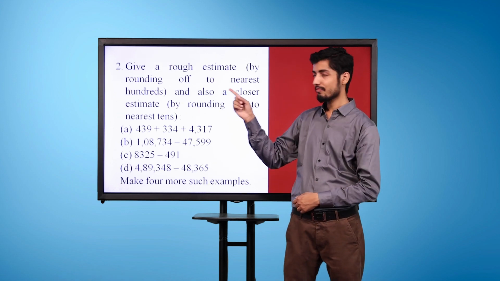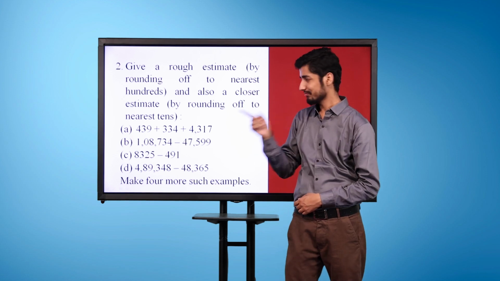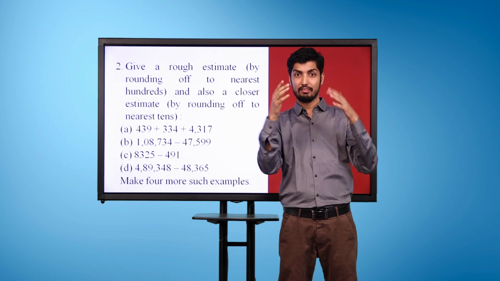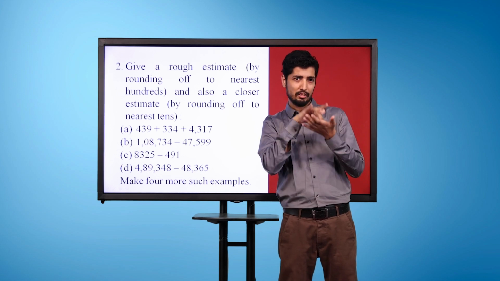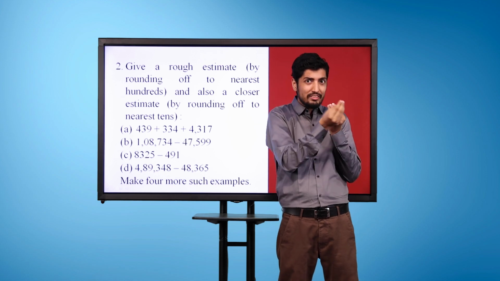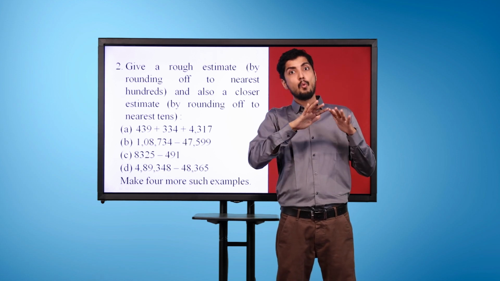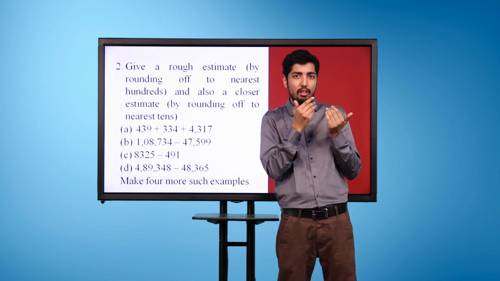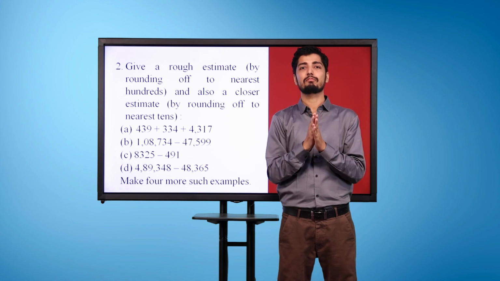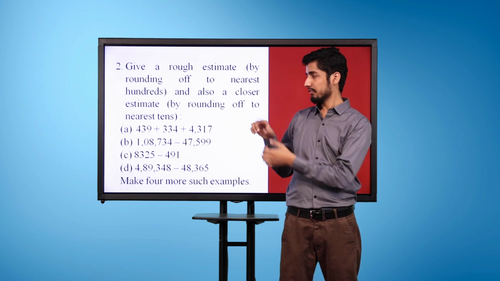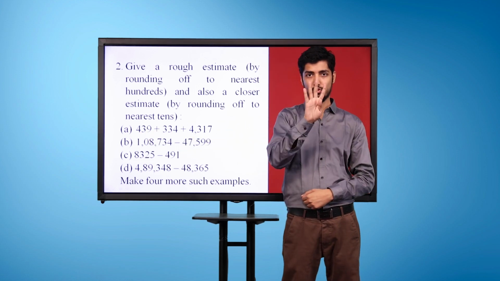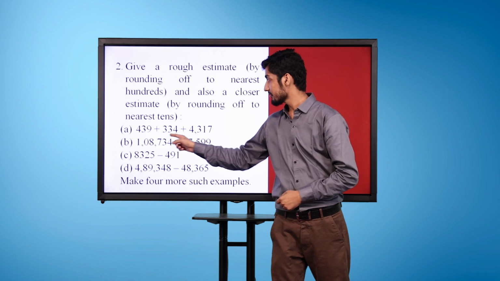Two. Give a rough estimate, that is, by rounding off to nearest hundreds, and also a closer estimate by rounding off to nearest tens. A. 439 plus 334 plus 4,317.